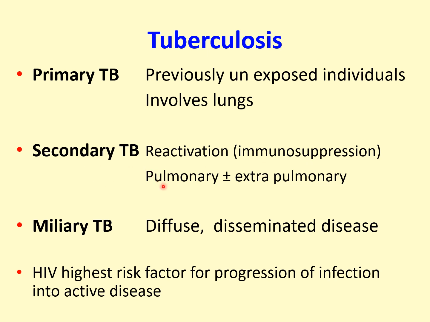Secondary tuberculosis has pulmonary as well as extrapulmonary manifestations. And finally, miliary tuberculosis is diffuse disseminated disease which can involve several organ systems such as the CNS, the skeletal system, the bones, and even the skin.